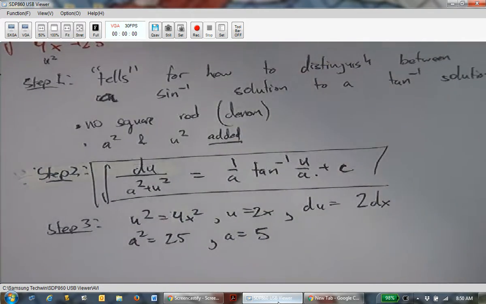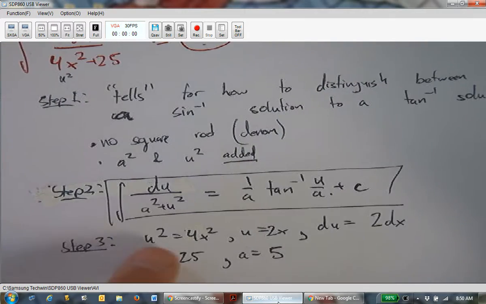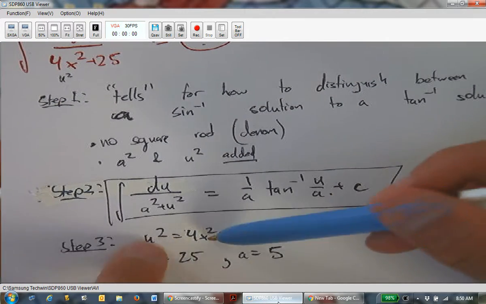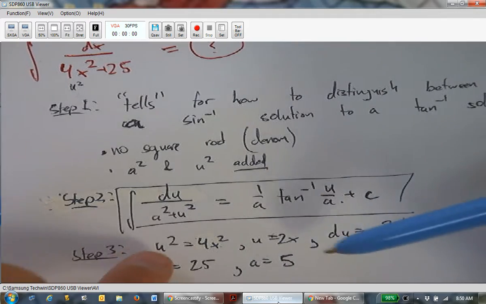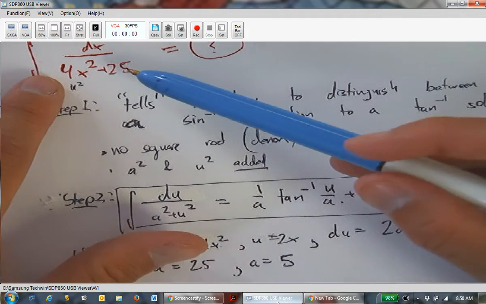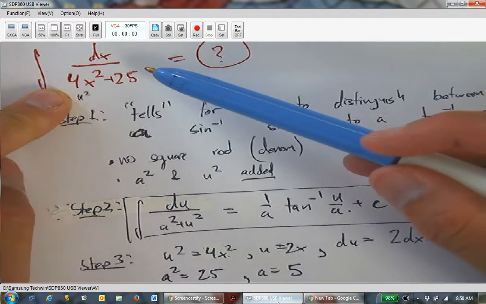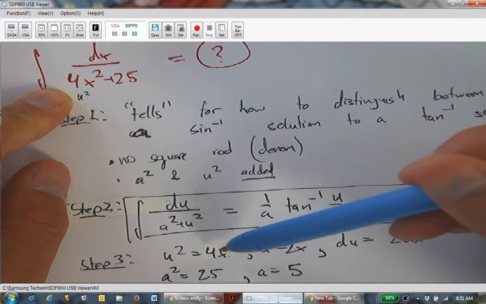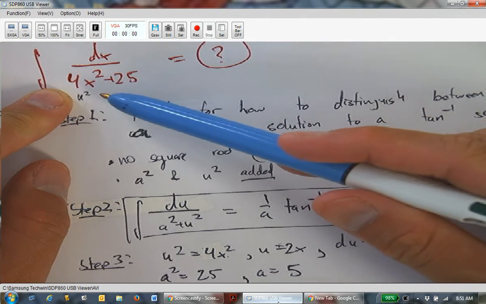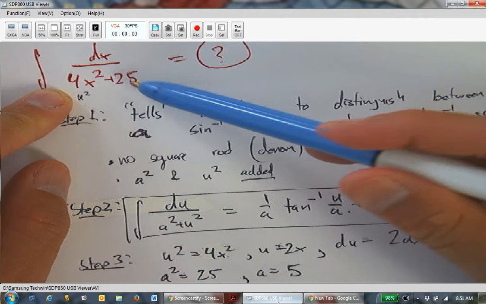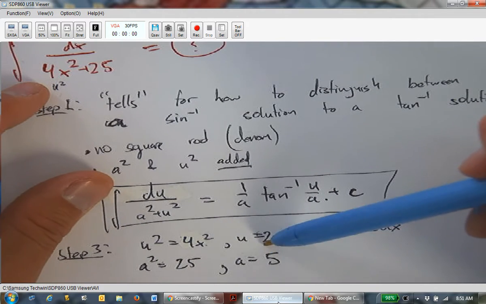Now think about this. All these things in here, you're going to see back in the original formula. You see u squared, that's 4x squared. You see a squared, that's 25. You do see a and u, it's just hidden.